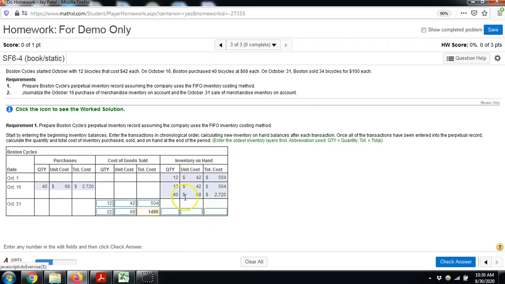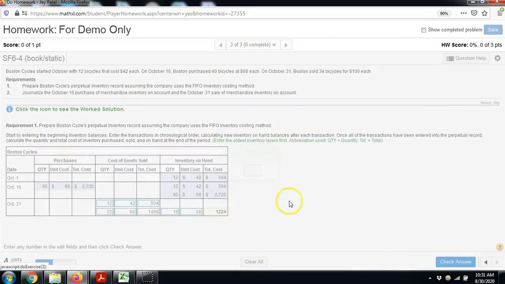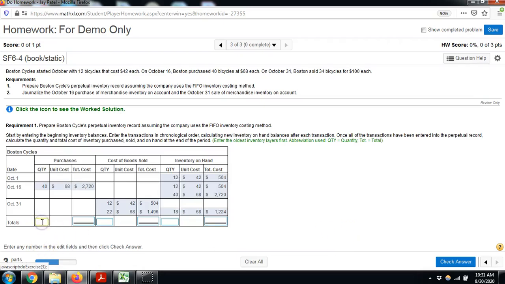And then how many do we have left over? We used to have 52, 40 plus 12. We've sold 34. So that means we have 18 left over, and they're all going to be at $68. Okay, so now our totals.